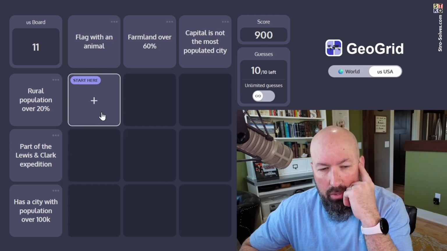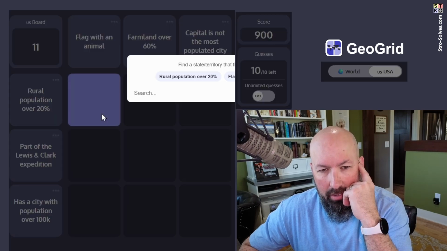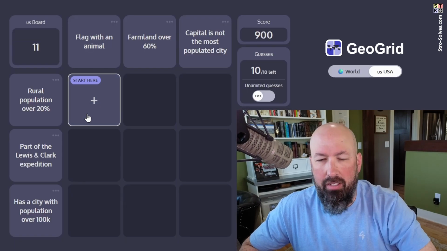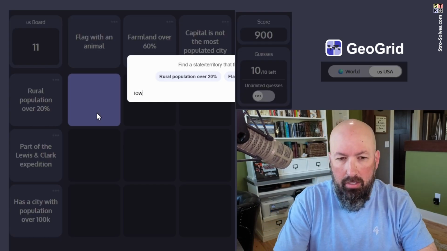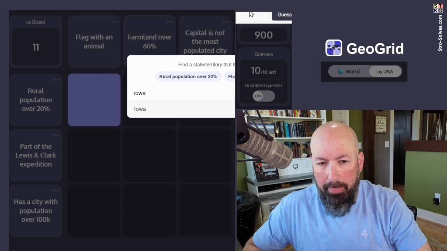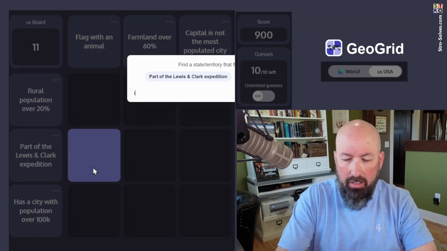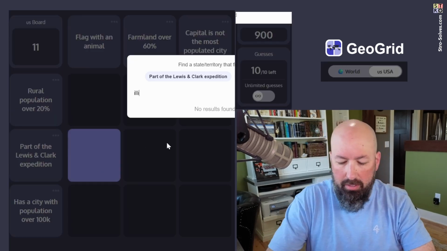What I'm thinking is, we could put Iowa here. Yeah, as I don't know how many other ones have animals, so let's do Iowa in the animal category. Actually, let's start here and do Illinois first.